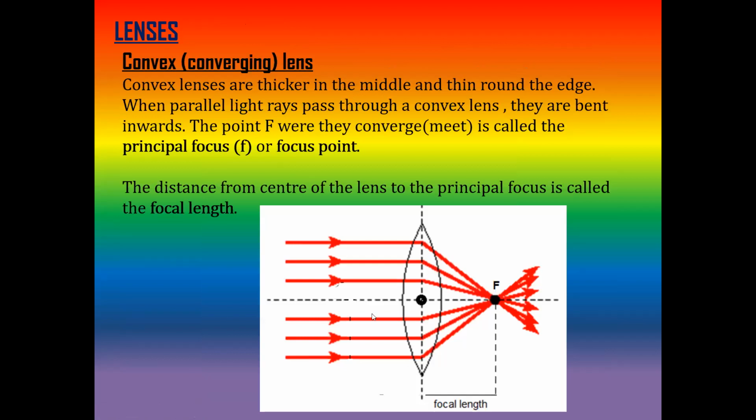To draw an image formed by a convex lens, there are certain definitions, certain terms which you should understand. For example, if this is a convex lens, a lens which is thicker at the center and thinner near the edges. So this is a convex lens.